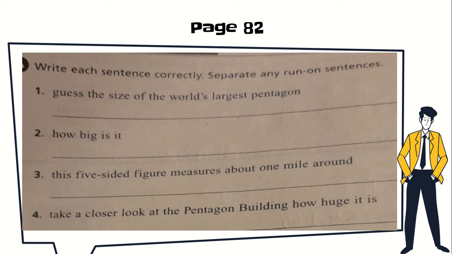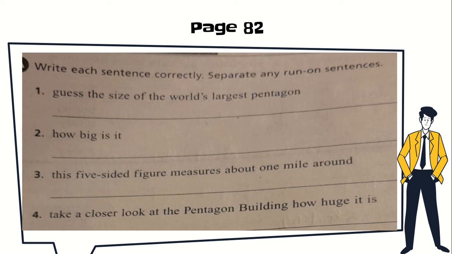We will correct sentences. Write each sentence correctly. Separate any run-on sentence. First, you have to identify if there are two sentences in one. Guess the size of the world's largest pentagon. Okay, it has one idea, begins with a capital letter and ends with an end mark. How big it is. Okay, we have here an exclamation.